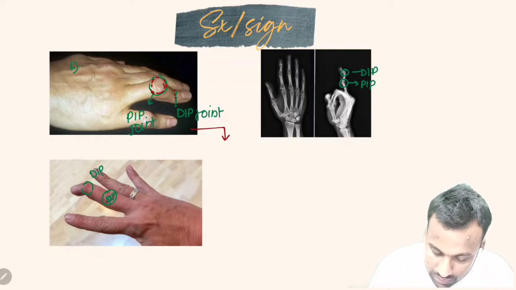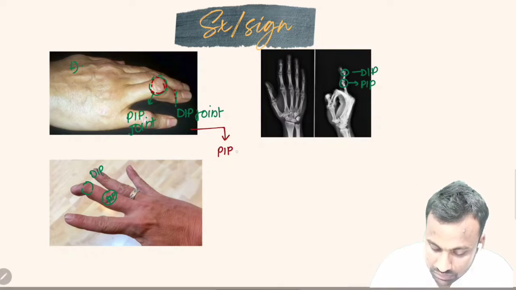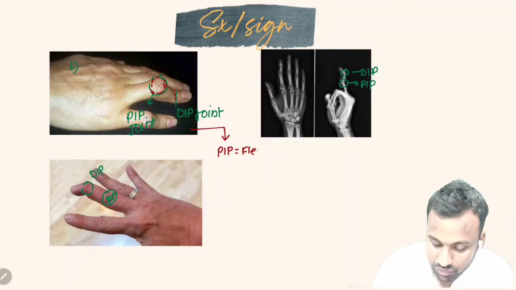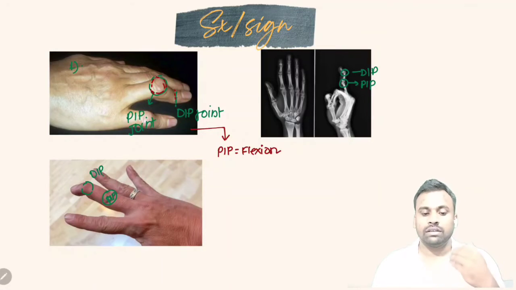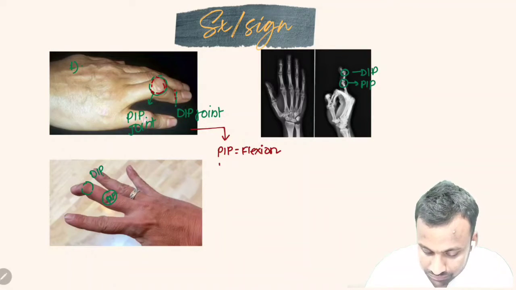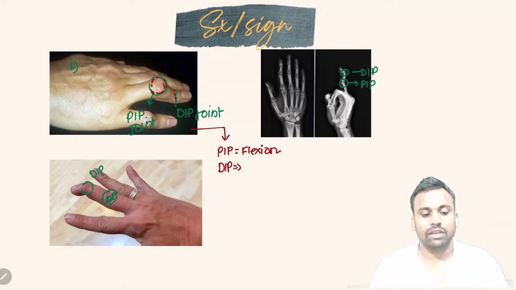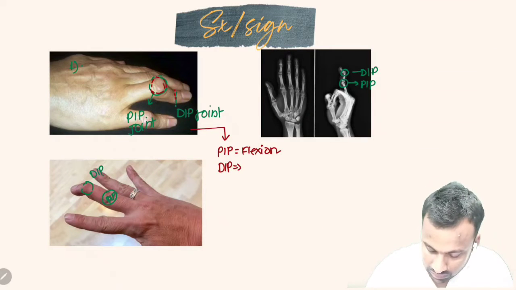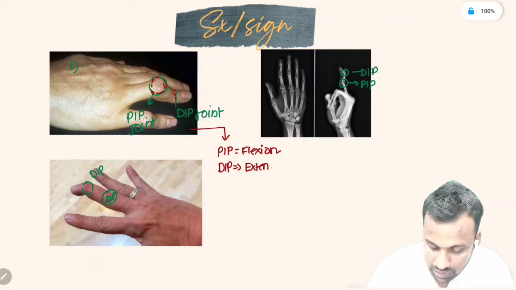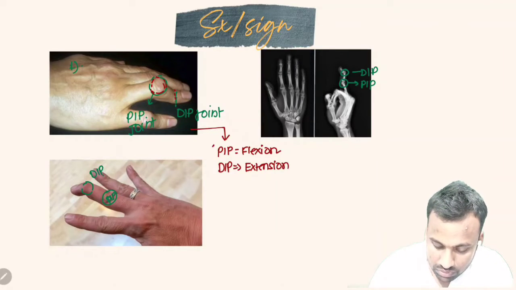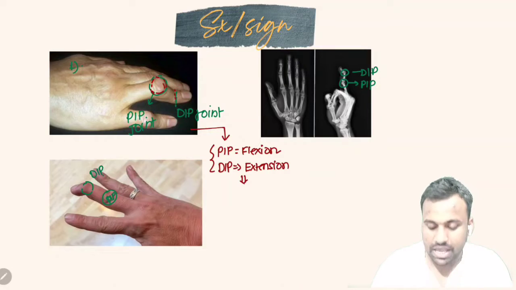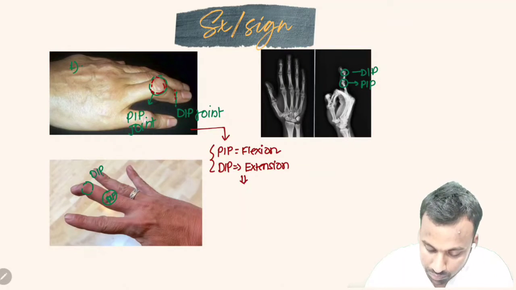In this condition the PIP is in flexion form and the DIP is in extension form, and this sign is known as Boutonniere sign.